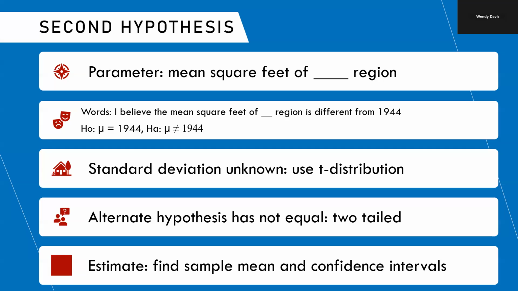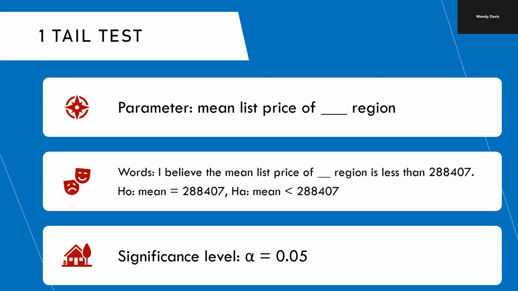So you've got to put either the word mean or the Greek letter mu. The standard deviation is unknown, t-distribution. The alternate hypothesis has not equal, so we use two-tailed. Okay, we're going to use estimation by finding sample mean and confidence intervals for our test.